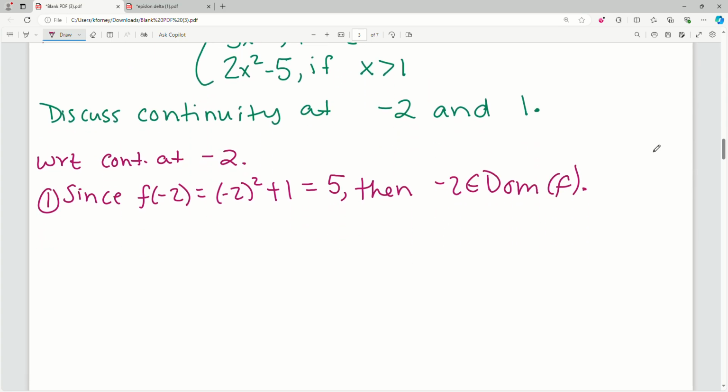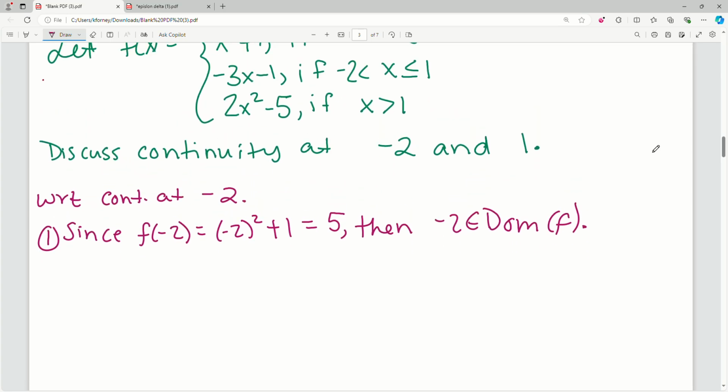Okay, now the second piece tells us we need to find the limit from the left and the limit from the right. So the limit as x approaches negative 2 from the left of f of x, we're going to use that top function.